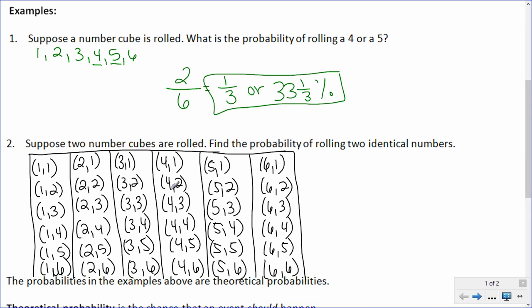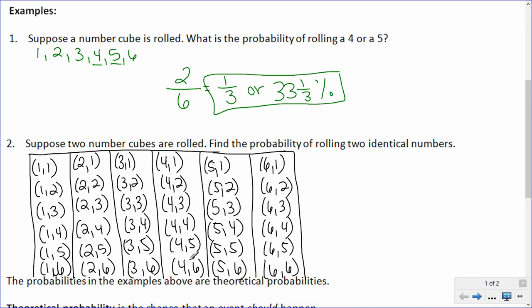However, these are two different ways to get the exact same outcome, or a very similar outcome anyway. So they do actually need to be listed. For this purpose, imagine that one of the number cubes is red and the other one is blue, for example. Rolling a 1 on the red die and a 4 on the blue die might give you the same two numbers, but it's not, in terms of probability, equivalent to rolling a 4 on the red one and a 1 on the blue one.